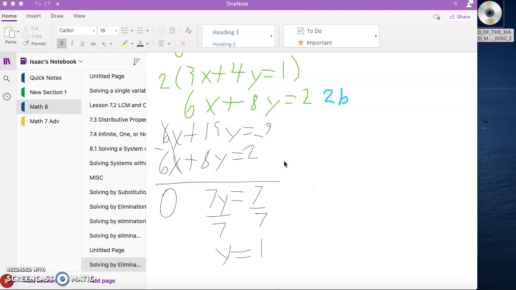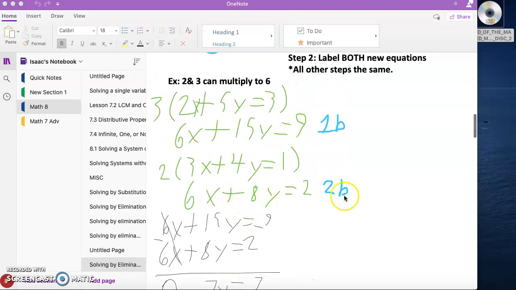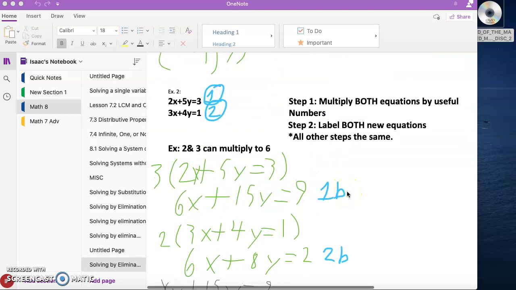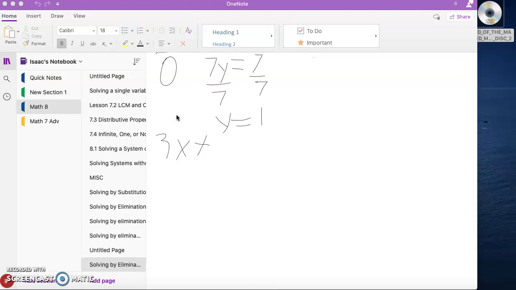Now, I can substitute this y equals 1 into any of the 4 equations. I can use one of the ones I made, 1b or 2b, or I can use one of the 2 originals. I think that number 2 looks the easiest to use. So I'm going to use 3x plus 4y equals 1. In 3x plus 4y equals 1, I'm going to substitute 1 for y.